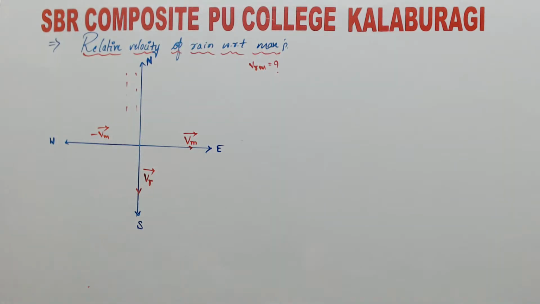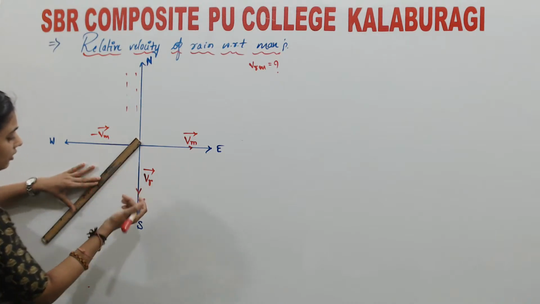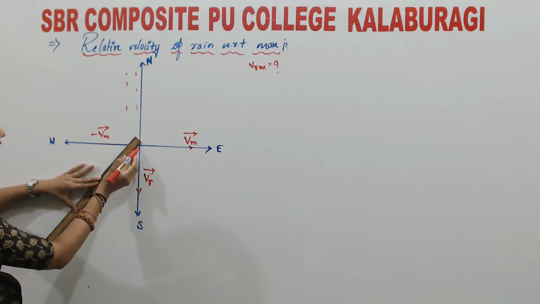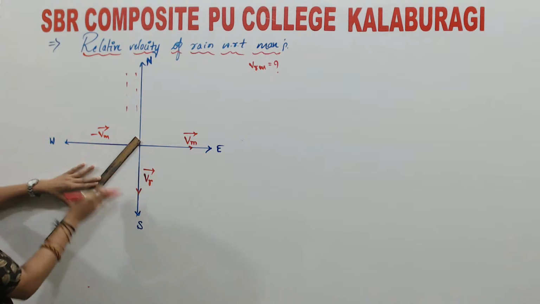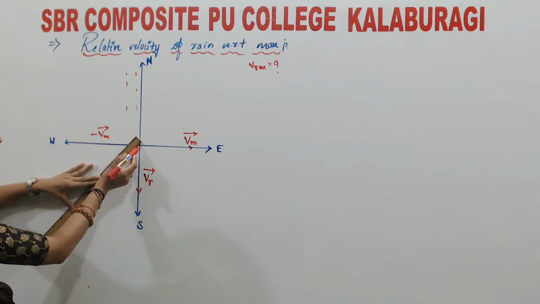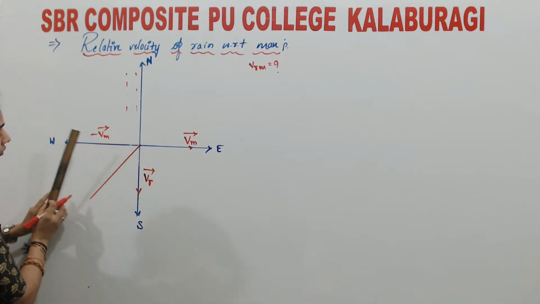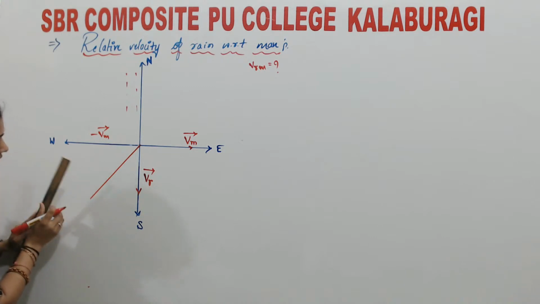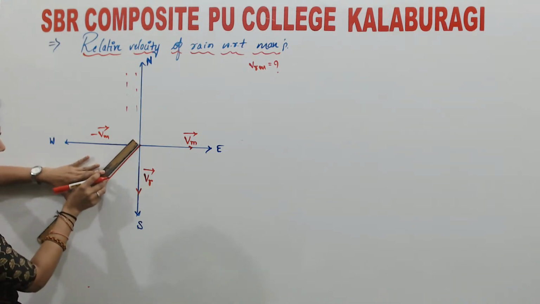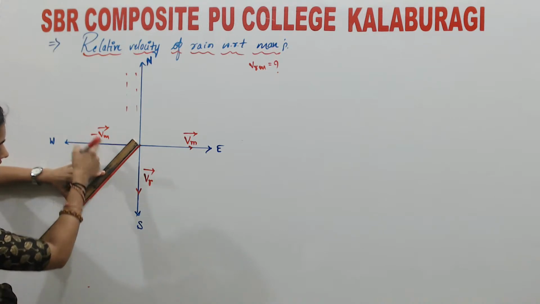Now, if these two are the vectors acting, where will be the resultant? Let us imagine that somewhere in between these two vectors the resultant lies, isn't it? So let me put this vector as the resultant vector due to these two vectors.